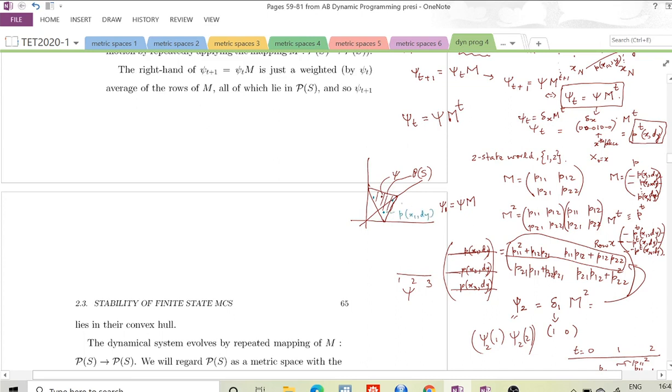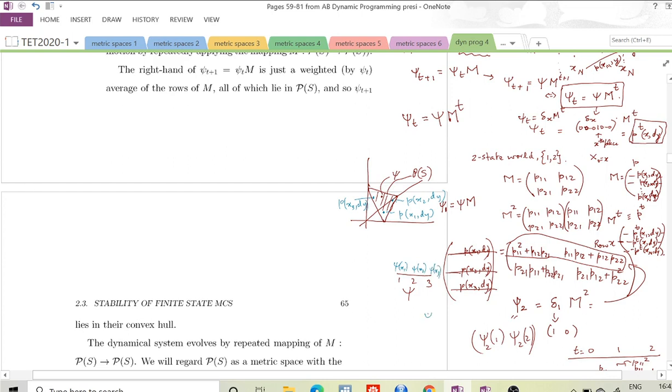P(x1, dy), P(x2, dy), P(x3, dy), right? This was my C. It's a probability distribution, sure, so it lies here. But moreover, let me just call these C(x1), C(x2), C(x3).